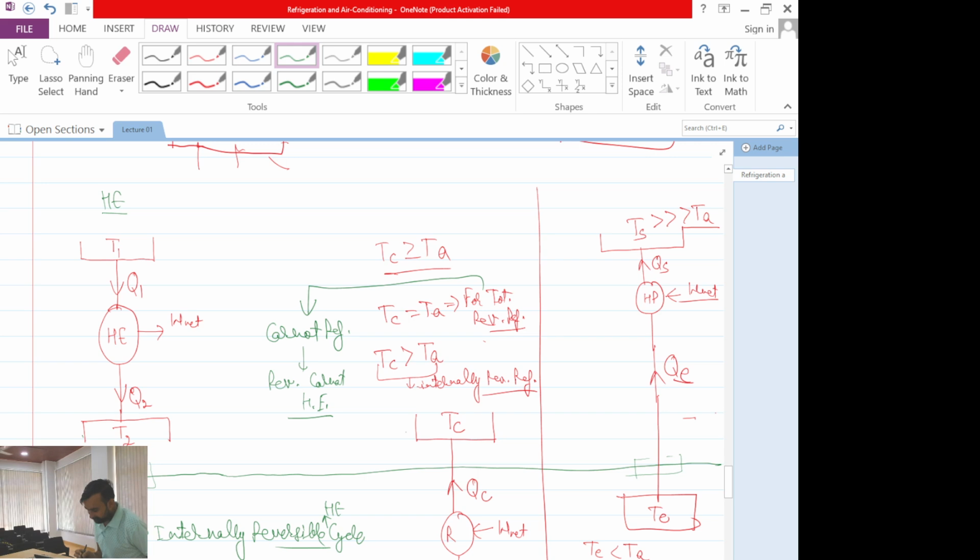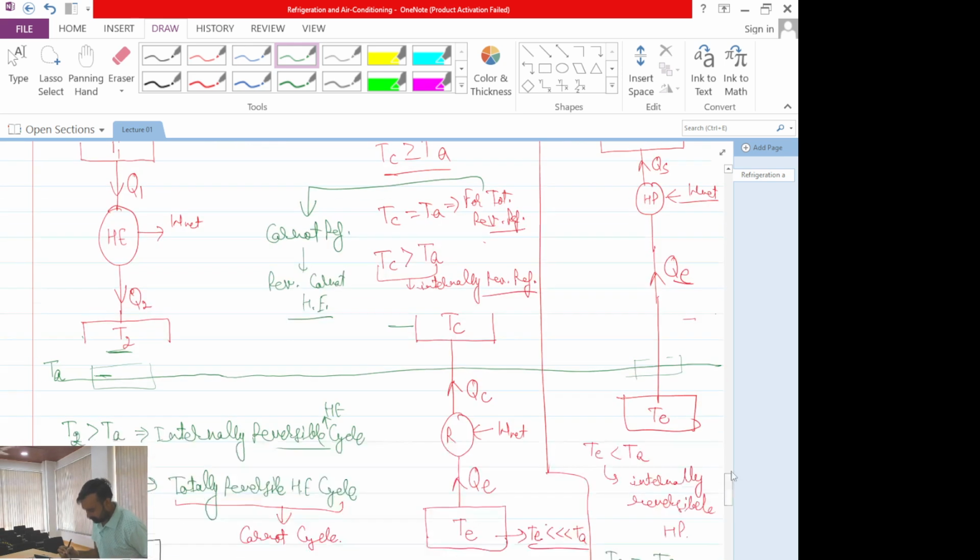We have a second device which is again operating in between the two temperature limits, but here our purpose is to cool a space below the surrounding temperature. So we have to now reverse the flow of heat. We have to transfer heat from low temperature to high temperature. This process cannot take place spontaneously, so we have to supply W net amount of input to the device which is doing this.